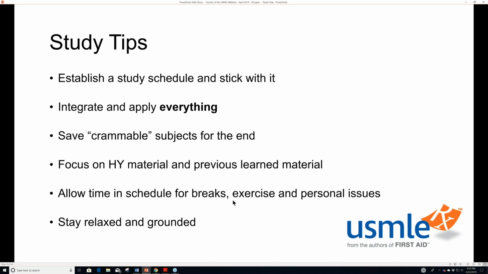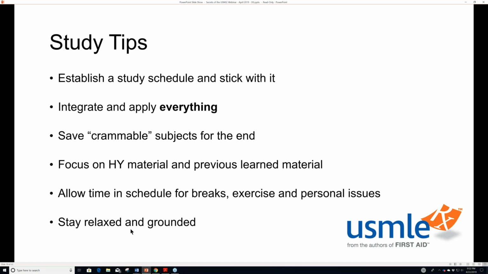I often advise that you try to get through your primary studying, even during your dedicated time, with about a week left to go. During that last week, you can mostly use the time to focus on a couple of areas where your testing shows that you still have weaknesses, and to continue to self-test.